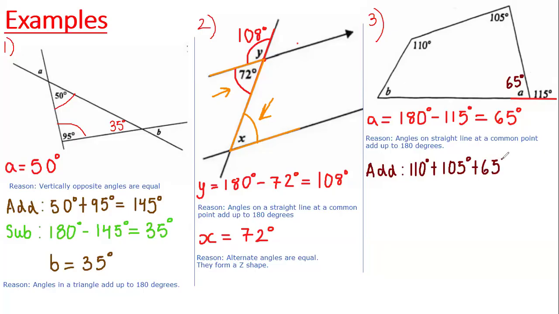When we add all of them up, we get what? 280 degrees. So it's 110 plus 105 plus 65, 280. I got the same thing.